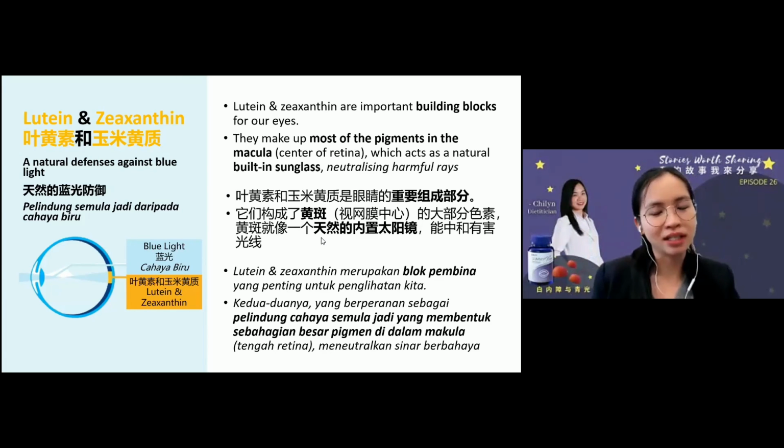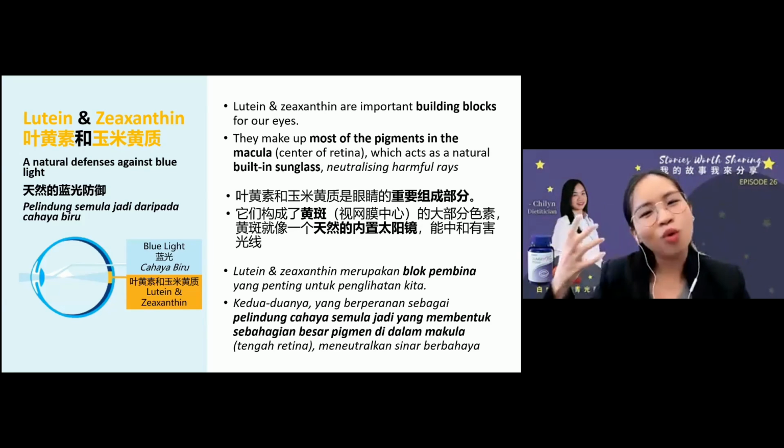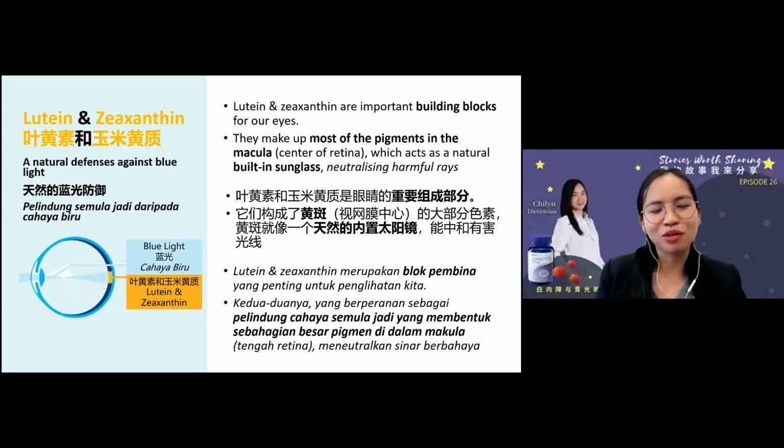And since it has a really high energy wavelength, it can cause these kind of damage. So with this lutein and zeaxanthin, they'll be able to act as a sunglasses to filter the harmful blue light, and to help you prevent getting damaged by blue light by having a layer of protection.